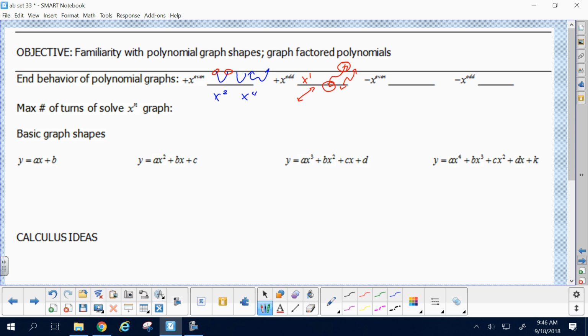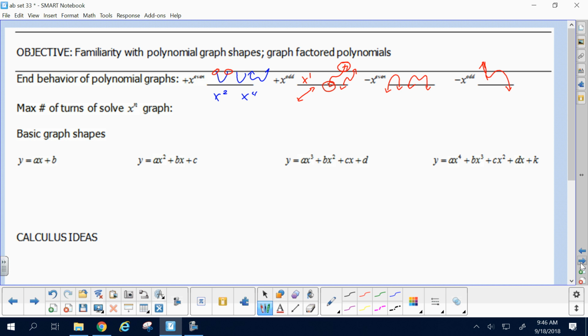Instead of going up and up, it would go down and down. Negative x to an odd. Instead of going down to the left and up to the right, it would be the opposite. It would go up to the left and down to the right. Negative x cubed, yeah?